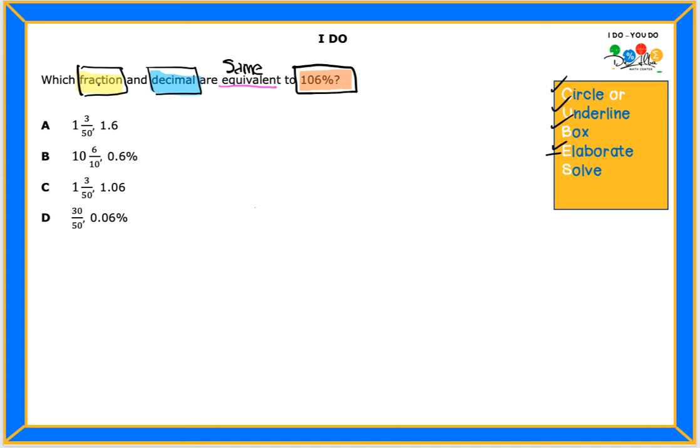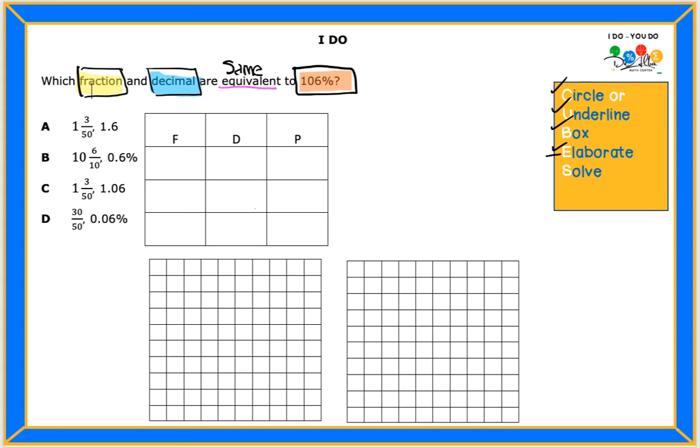Because I see we have fractions, decimals, and percents in the question, I'm gonna bring the table and I'm gonna bring a 100 grid to visualize my work. Okay, so we're gonna be using these three sections in the FDP table, fraction, decimal, and percent, so we can organize our information.